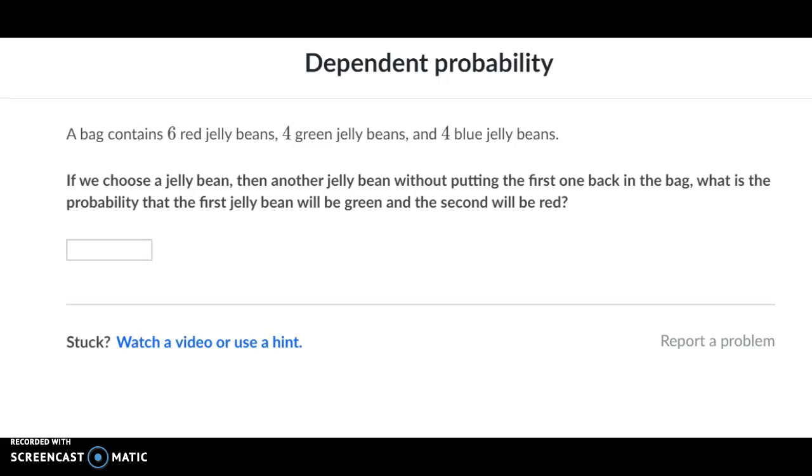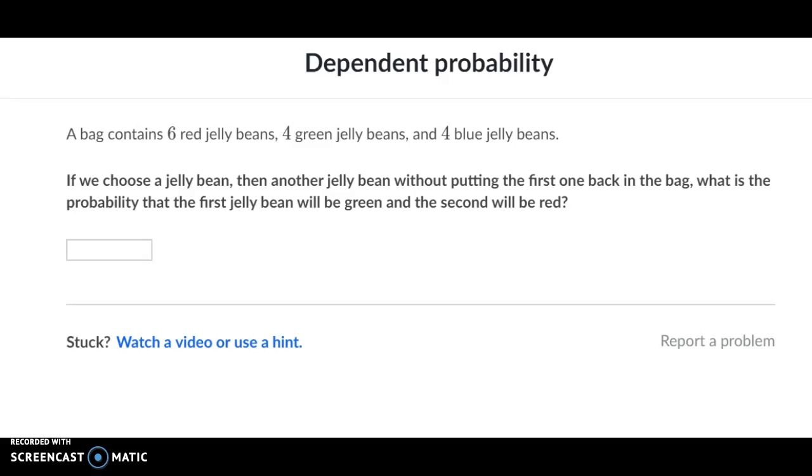For the second one, now we've taken one of these jelly beans out. There's one less green jelly bean in the bag. So what's the probability that the second one will be red? Well, there's still 6 red jelly beans, but now it's out of 13. So 6 out of 13.